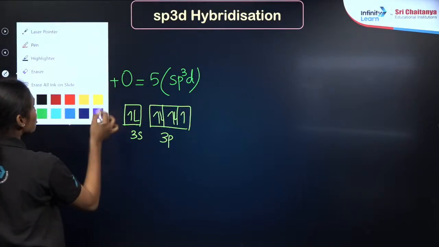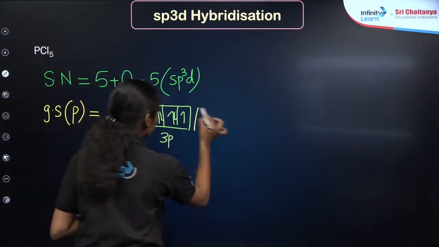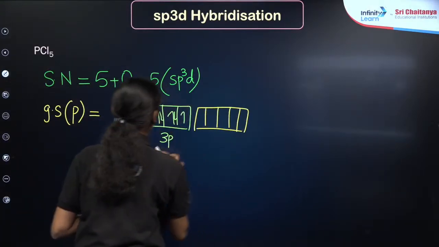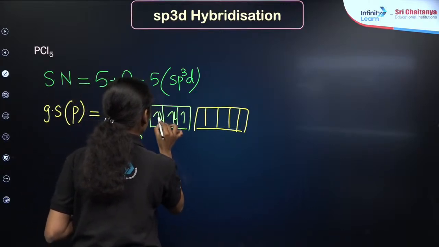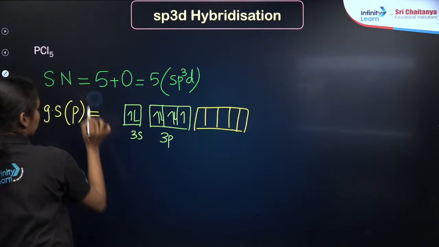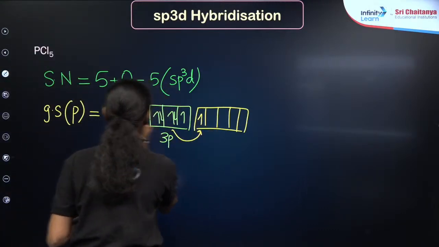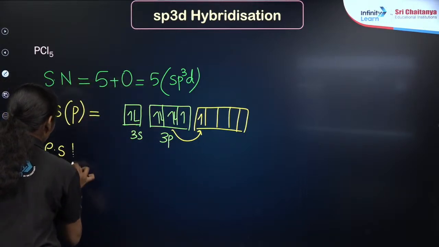Then what will happen? We have to undergo the sp3d hybridization, right? So a vacant d orbital should be here. One of the electrons will go to here, so it will form the excited state of phosphorus.